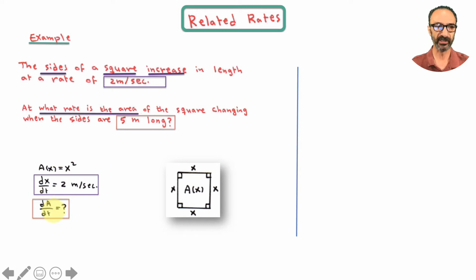I should write next to it when x is 5. Usually we put a vertical line here and we write next to it x equals 5. But anyway, you got my idea. A picture with some labels, some side work, taking the information of the problem to the side.